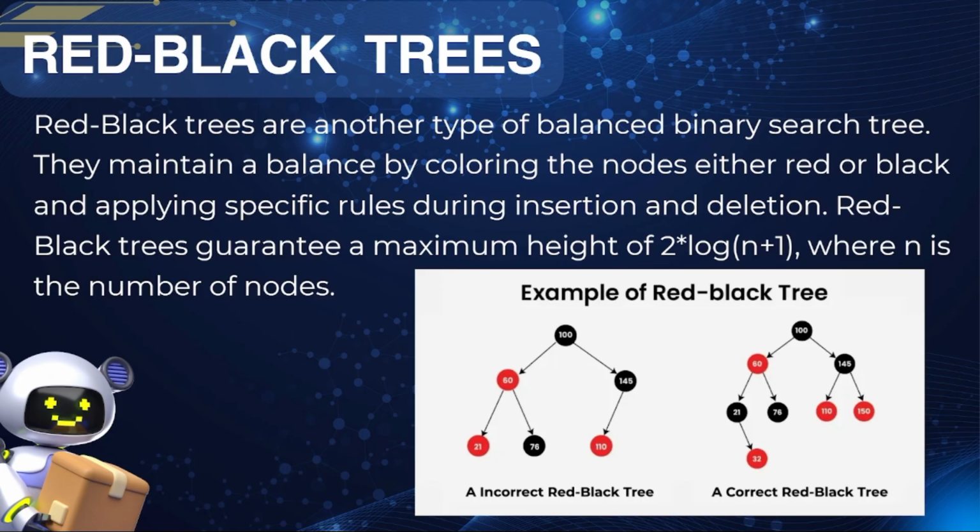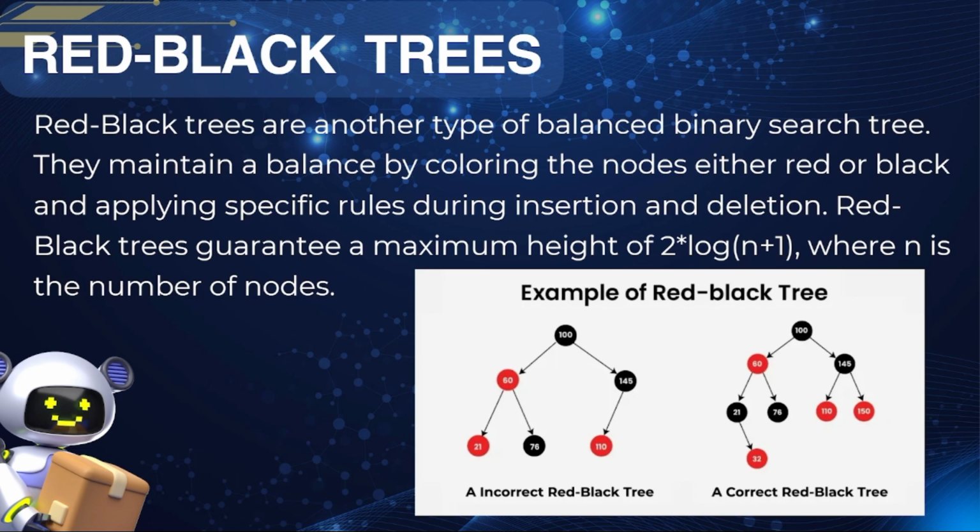Red black trees. The red black trees are another type of balanced binary search tree. They maintain a balance by coloring the nodes either red or black and applying specific rules during insertion and deletion. Red black trees guarantee a maximum height of 2 log n plus 1, where n is the number of nodes.